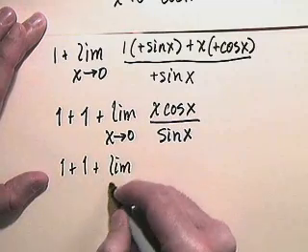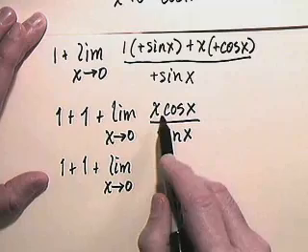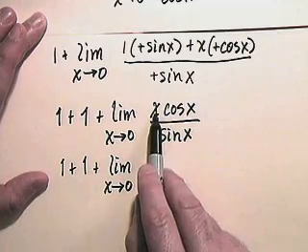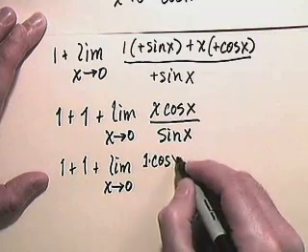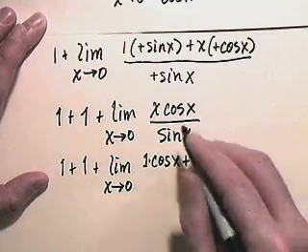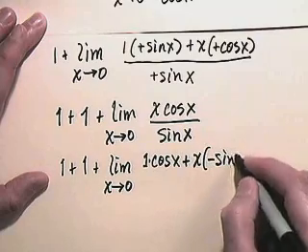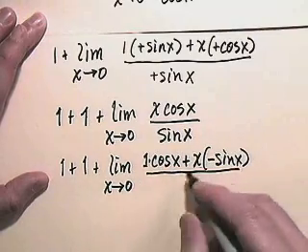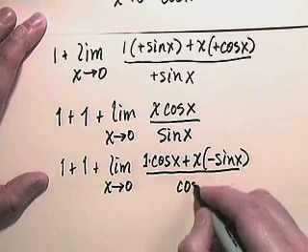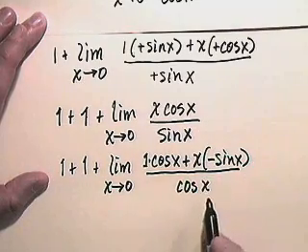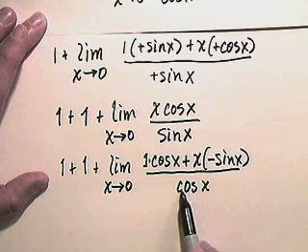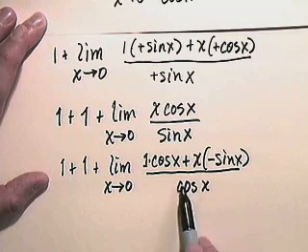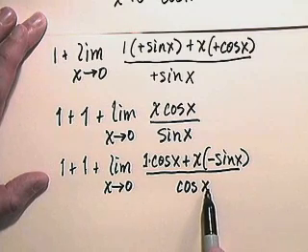So we have the limit as x approaches 0 of, well, the derivative of x is 1 times the second factor, cosine x, plus x times the derivative of cosine x, well, that's negative sine x, and that's all divided by the derivative of sine x, which is simply cosine x. Well, notice now we no longer have an indeterminate form because down here in the denominator as x goes to 0, cosine x goes to cosine 0, which is simply 1.